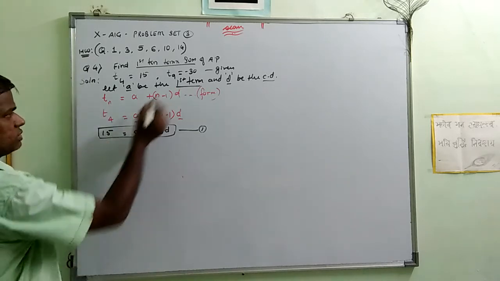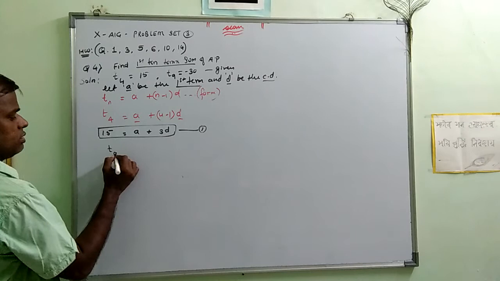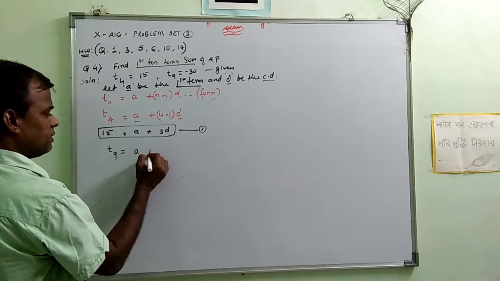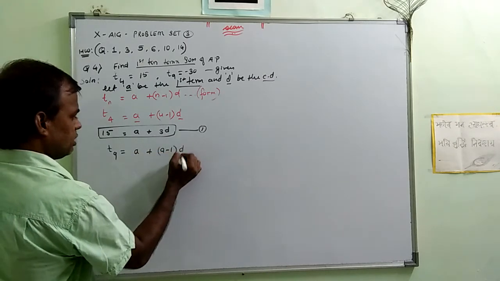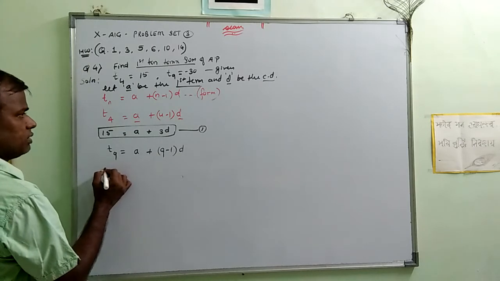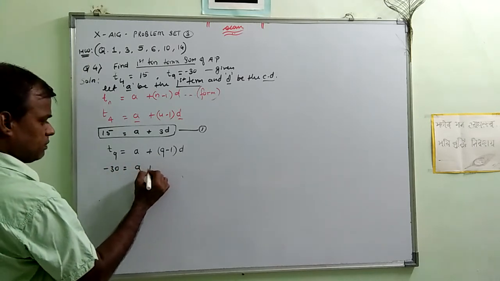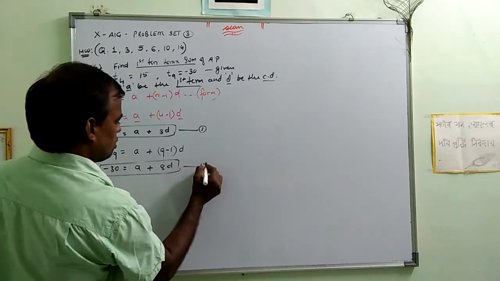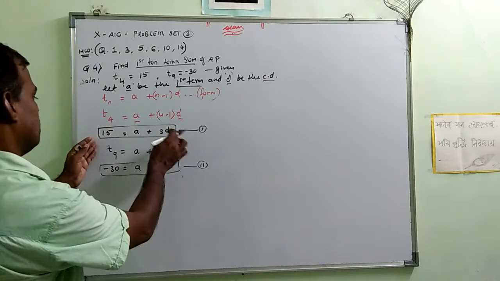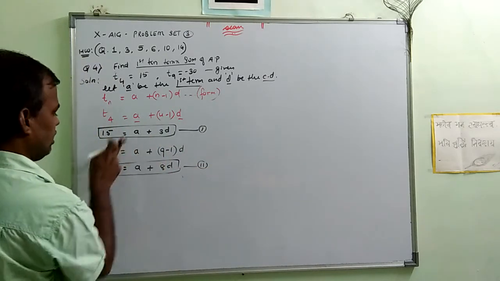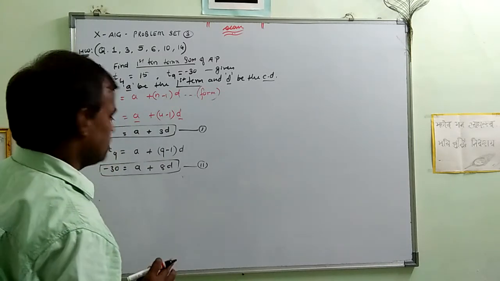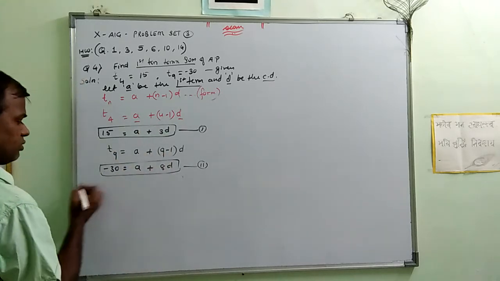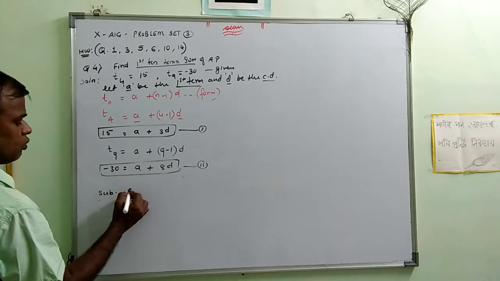Let's take another value. T9 they have given as minus 30. For T9 also we can write a plus 9 minus 1 into d. So that will be minus 30 equals a plus 8d. Now we can see here a is same, coefficients are same, sign is same. So we'll subtract; any equation you can subtract from the other. So subtract 1 from 2.